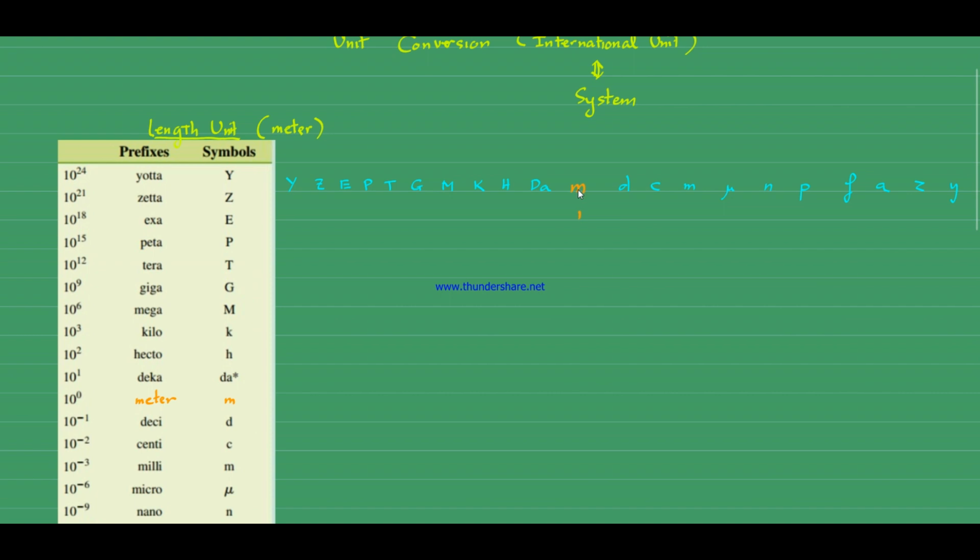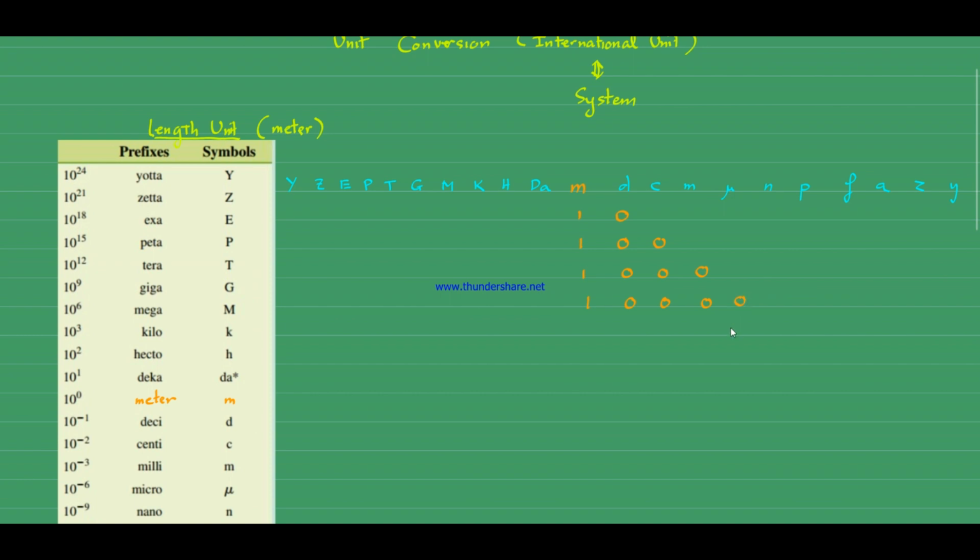If you go from meter to decimeter, then you add another 0. If you go from meter to centimeter, then you add another 0. And you keep going that way.